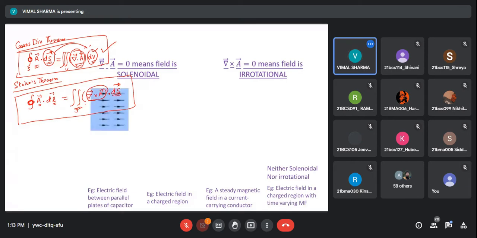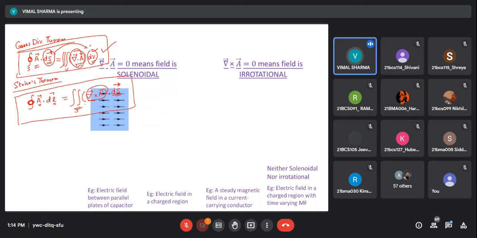Let us see some pictures and try to predict what type of field this is. What field is represented by these parallel equispaced arrows? Okay, so we can see there is no circulation in this field. Can you see any rotation, any circulation? No circulation in this field.